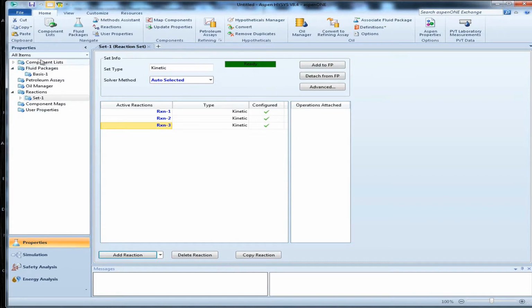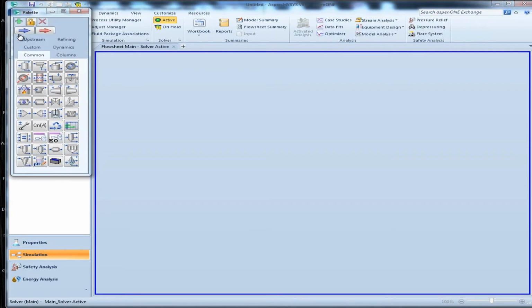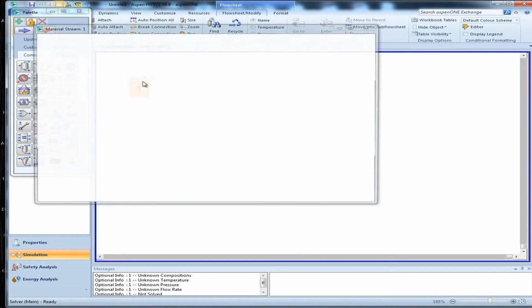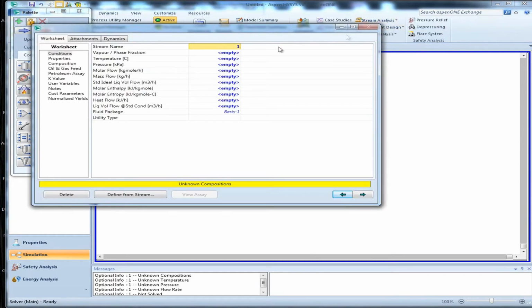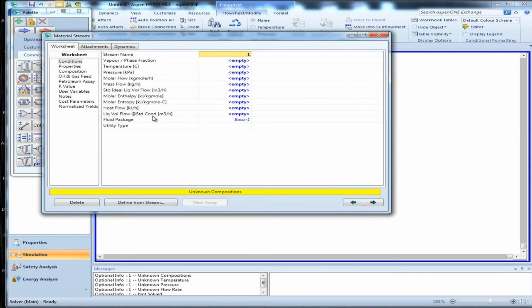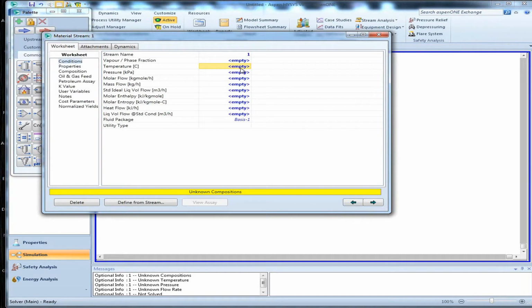Okay, now all here show no red sign, so we can go to the simulation, starting with the feed stream. In this feed stream, of course, we have the temperature at 16 degrees Celsius, 20 kilopascal, and the flow rate of 180.